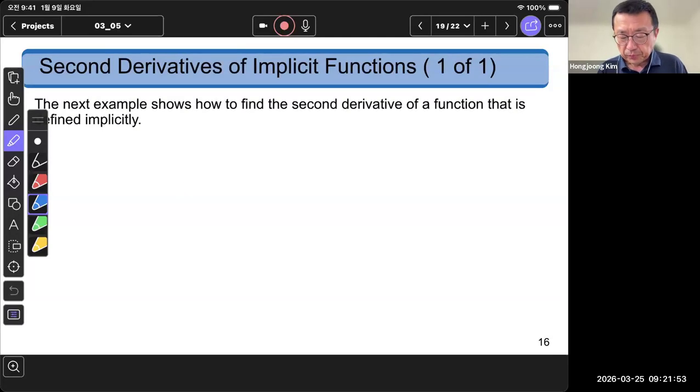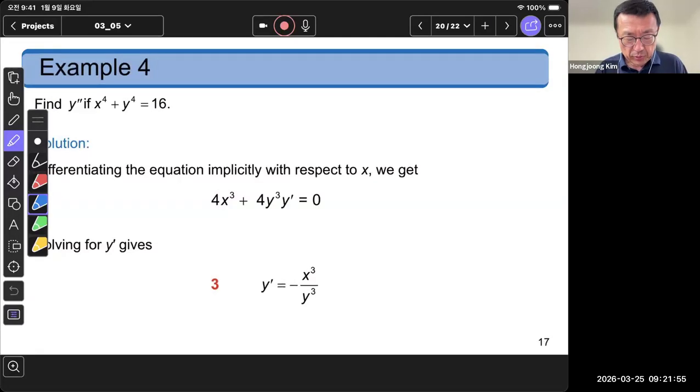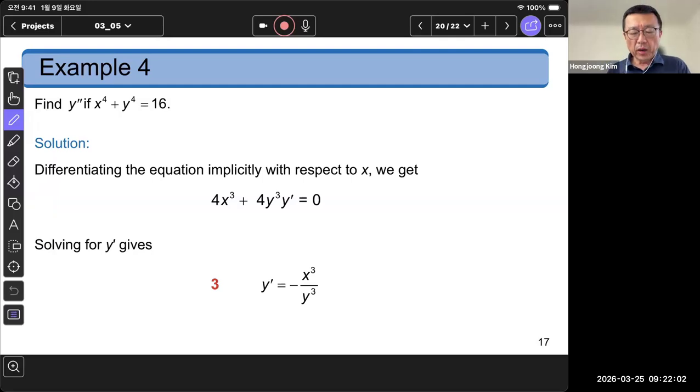So let us consider this example that might be easier. Suppose that we have some equation like this one, x to the fourth plus y to the fourth equals 16. And suppose that we want to find y double prime, the second derivative of y with respect to x.